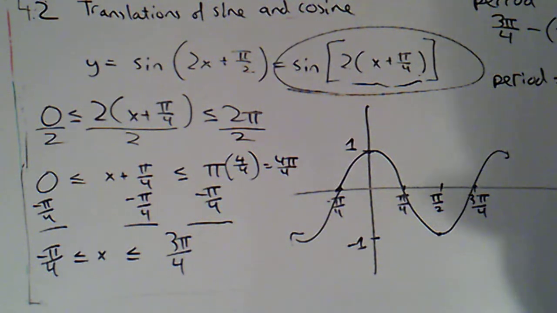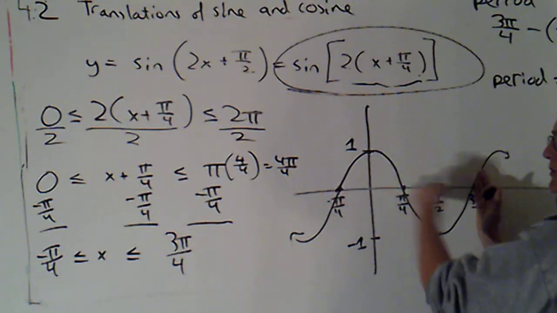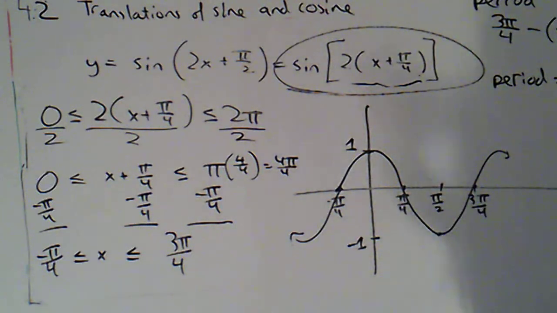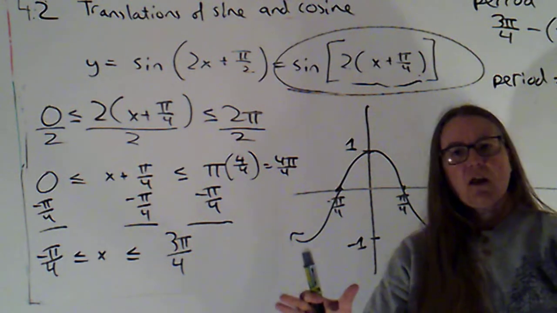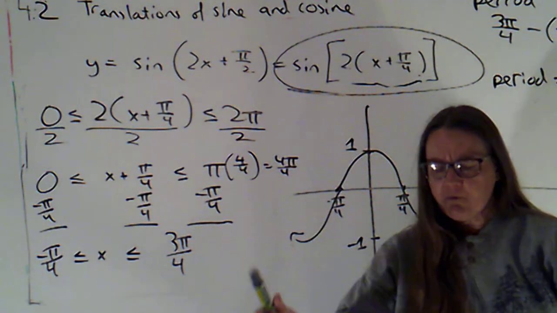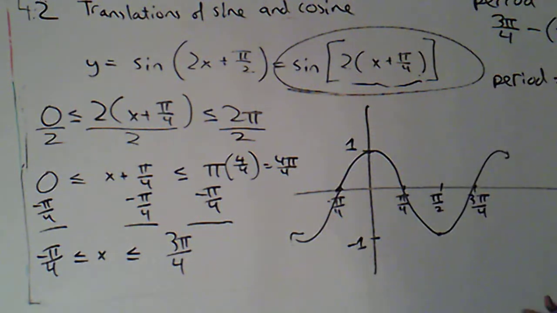Based on my calculations, I just have the starting point and the ending point. I don't have those middle values. But if you think about it, every time we've been graphing things, we've been doing one period of sine or cosine, which goes through all 4 quadrants. So that one period we were dividing into 4 equal pieces.